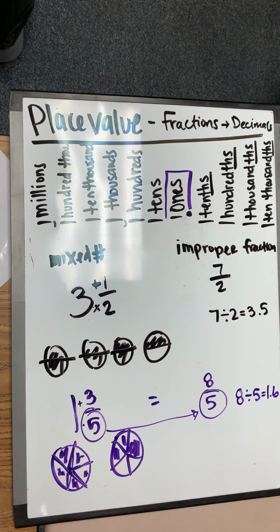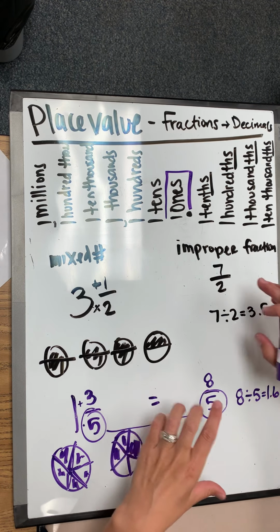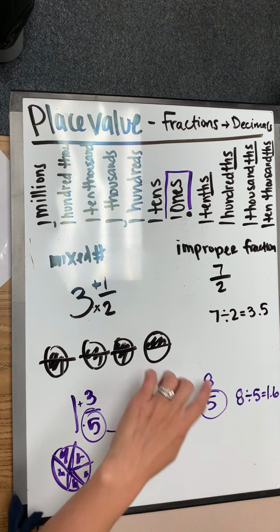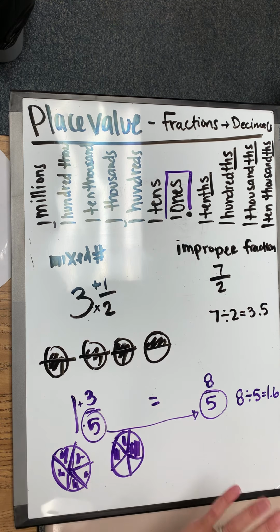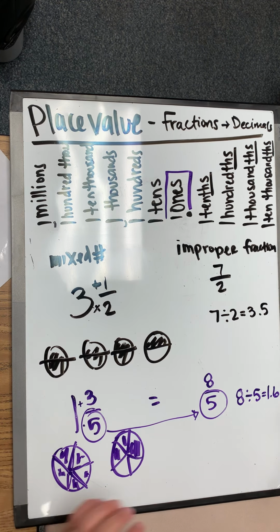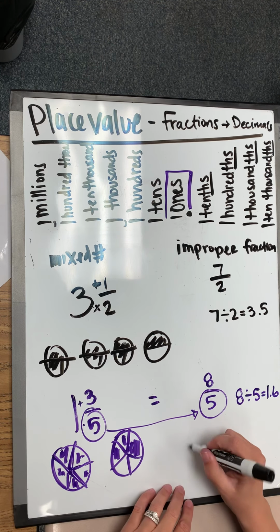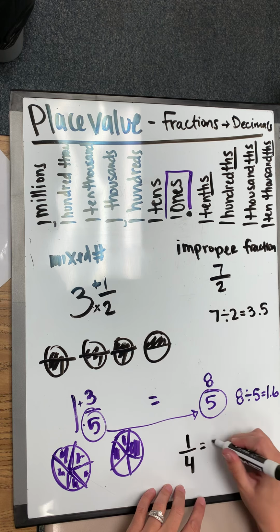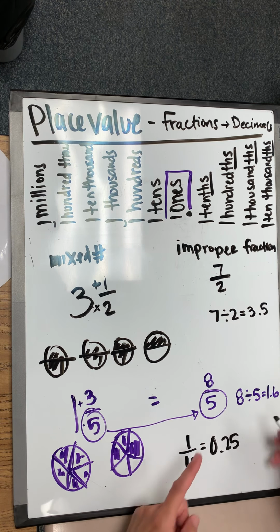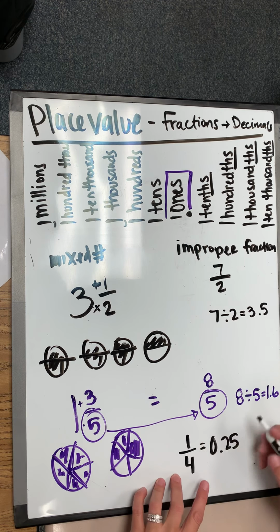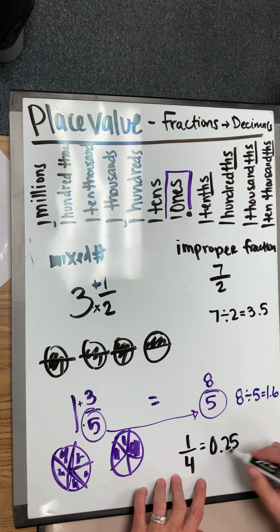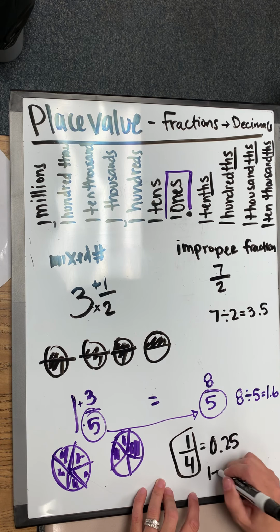All right? Now, for whatever reason this is difficult for you guys and you guys forget if it's top divided by bottom or bottom divided by top, if ever you forget, test one that you know. So what's really easy is a quarter. We know that 1/4 is equal to 0.25. If you forget whether it's top divided by bottom or bottom divided by top, just throw in something that you know, and if you get 0.25, then you know it's top divided by bottom because it's 1 divided by 4.